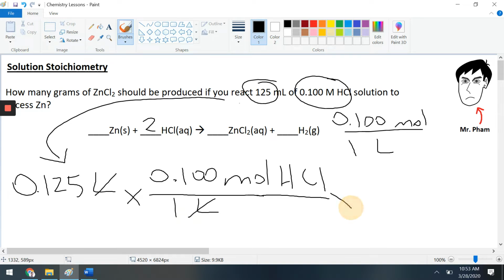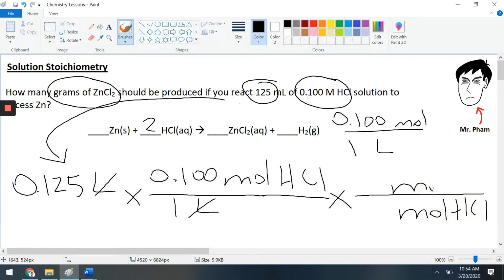Okay, so remember, the question is asking you to find the grams of zinc chloride. So right now I have moles of hydrochloric acid. The next step is to use the mole ratio to go from moles of HCl to moles of zinc chloride. So I'm going to set this up: moles of HCl at the bottom and moles of zinc chloride at the top.